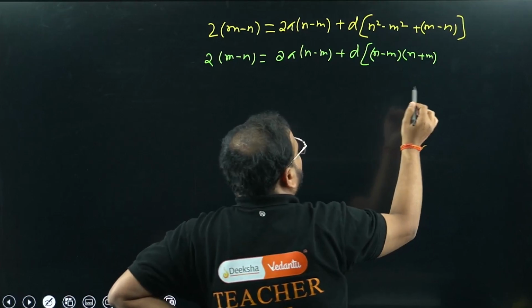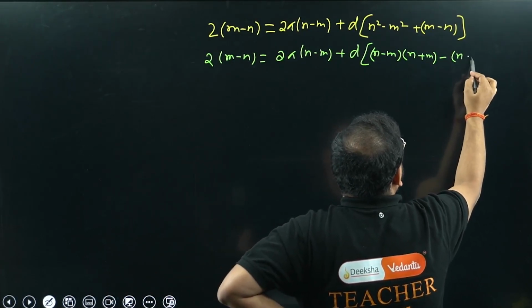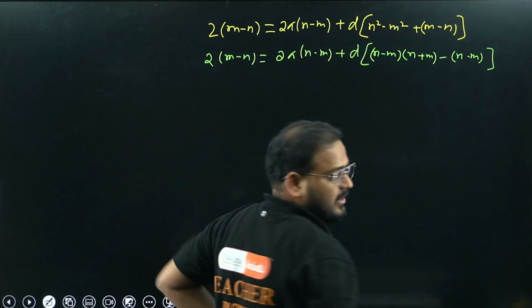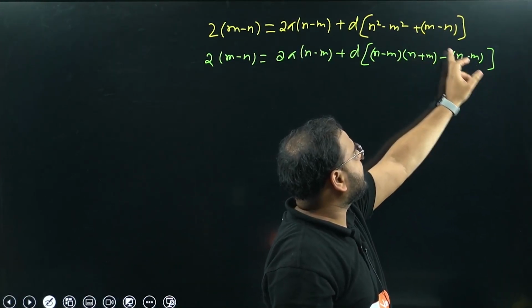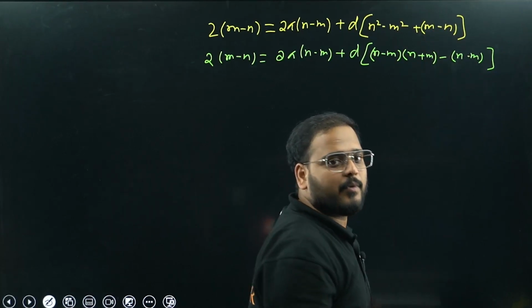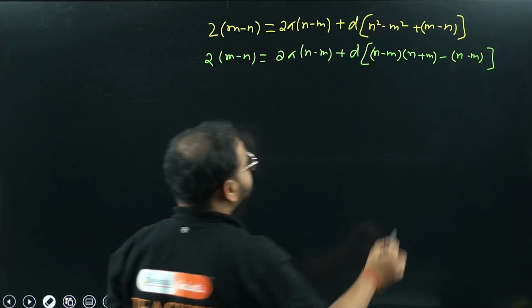Take the minus sign common on this side: n minus m. For the last bracket, I'm taking the minus sign common, so this minus will become plus, so plus n, and this m will become negative, so minus m.